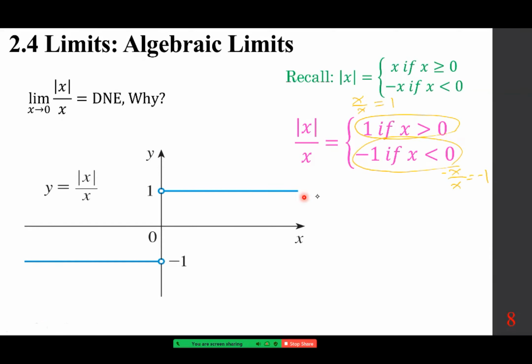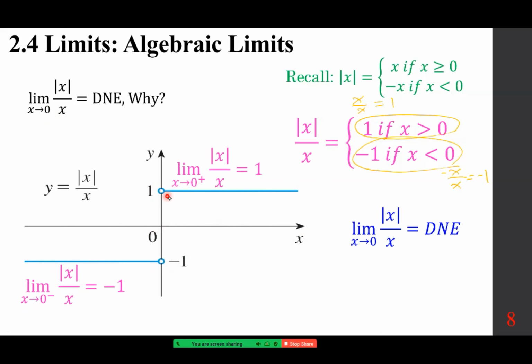So you have two branches, and it is not defined at 0. That's why we have holes here and here. So the limit of this function as x approaches 0, from the left, we are in this branch and it's negative 1. But from the right of 0, we are in this branch and it's positive 1. Since they are not identical, the limit does not exist.